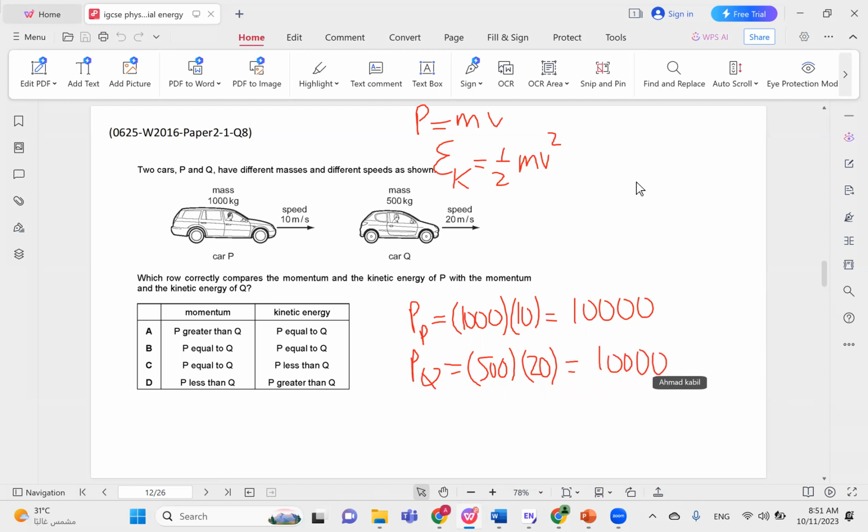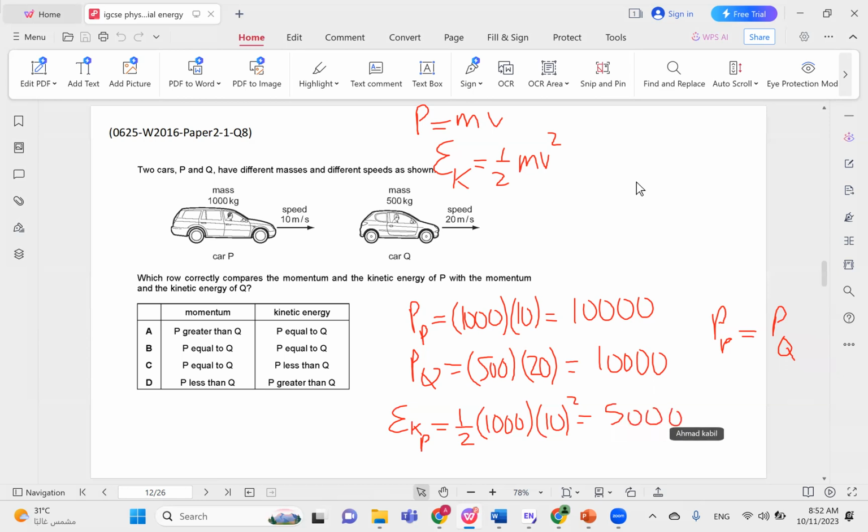So we know for now that the momentum of P is equal to the momentum of Q. Kinetic energy of P is equal to half times the mass, which is 1,000, times v squared, which is 10 squared. And this gives us the following value, which is 50,000.